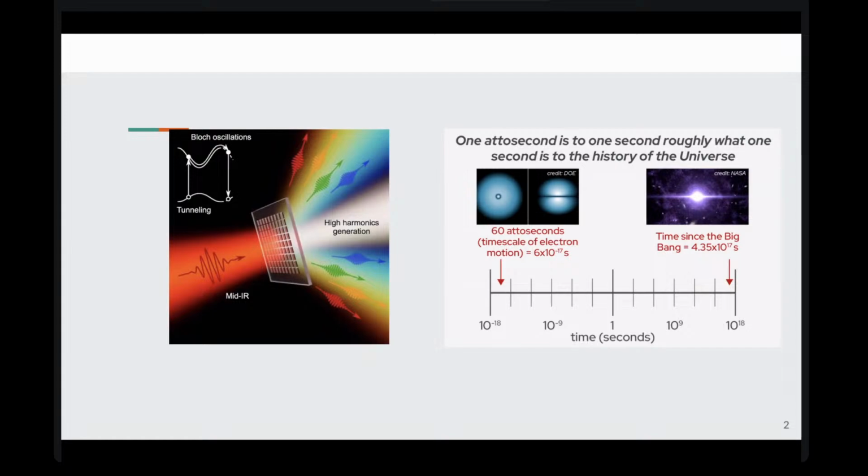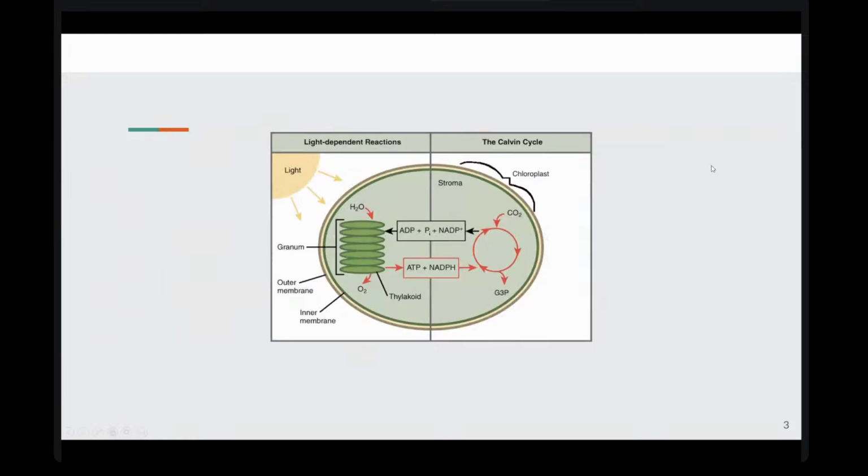And just to give you a good idea of just how hard this is, the ratio between 1 attosecond and 1 second is around the same ratio as 1 second to the entire history of the universe. So this has many applications, just because attoseconds are essentially on the time scale of electron dynamics.